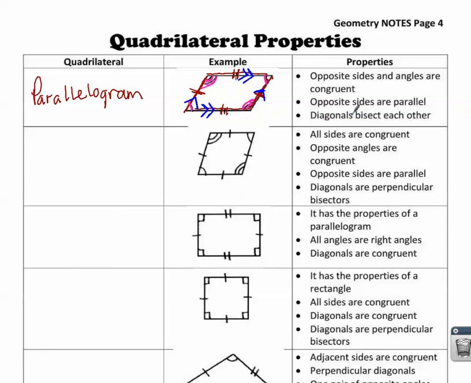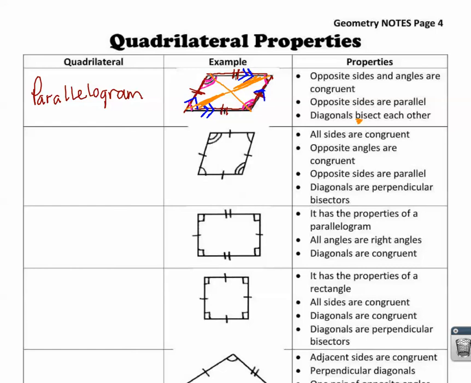Diagonals bisect each other. So if I were to draw diagonals here, remember bisect, bi means two. So when they bisect each other, they are cutting the lines in half. So this side here is going to be the same length as this side here. They're going to be equal.